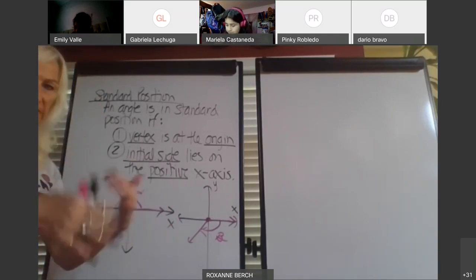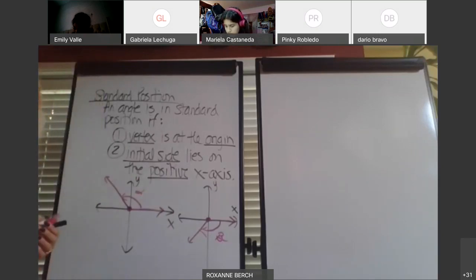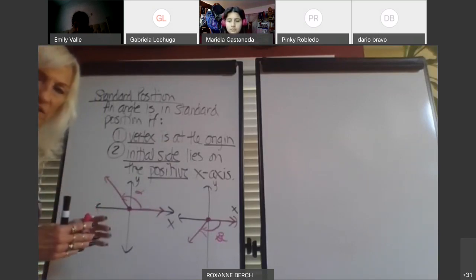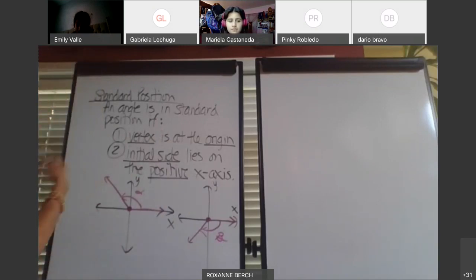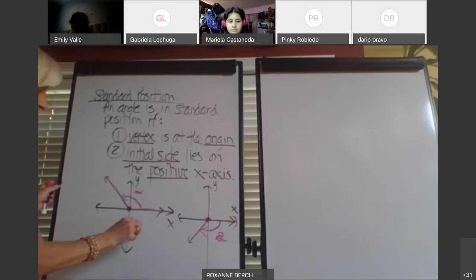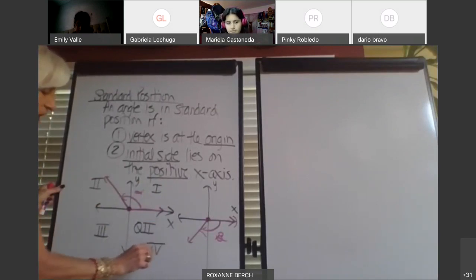On an assignment that I gave you in 17.1, you also have to state the quadrant. So let's just do that for fun right now. The quadrant that the angle is in is based on the terminal side. So you would say this angle is in quadrant 2. Now you remember how to label these quadrants, right? This would be quadrant 1, this would be quadrant 2, this would be quadrant 3, and this would be quadrant 4.